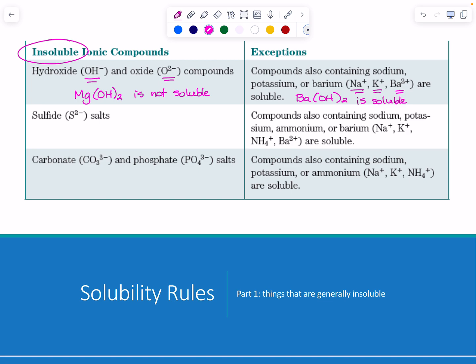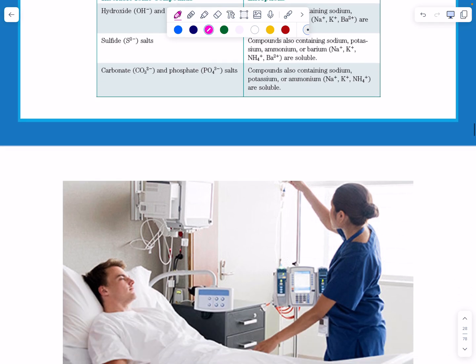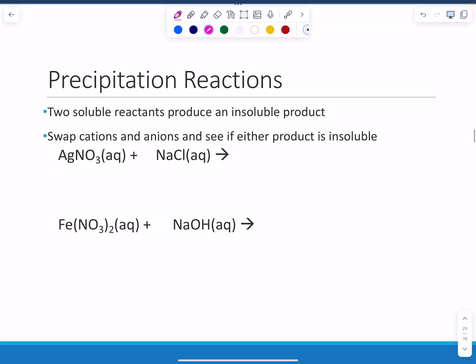So, when we are combining chemicals that are in solution, reactions can occur that change the solubility. Something we call net ionic equations is how we describe those processes. Precipitation reactions are reactions where we have two soluble reactants, and they form an insoluble product.